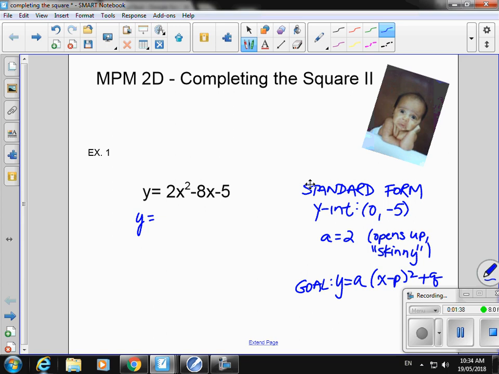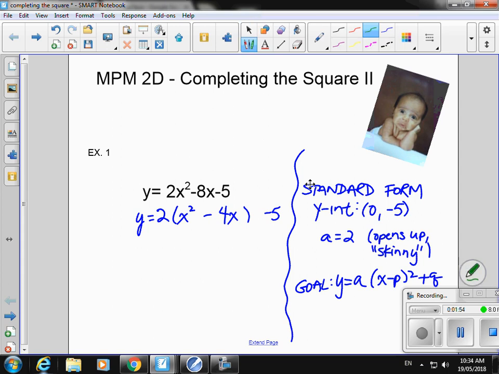So I'm going to factor out that 2, leave the 5 until later. So if I do that, I have 2 times x squared subtract 4x, because when we complete the square, it's a lot easier to deal with something with just the x squared in it.